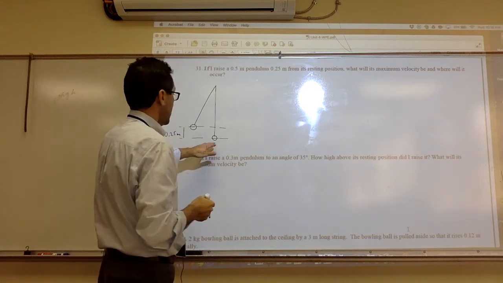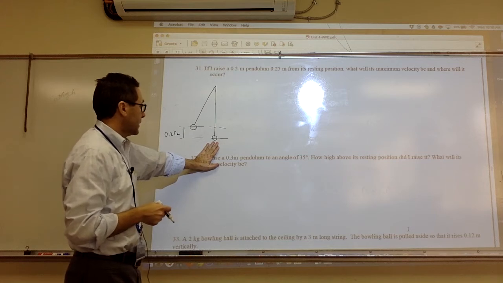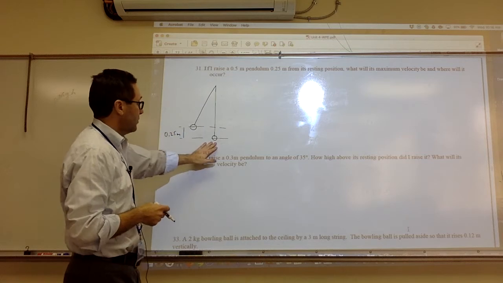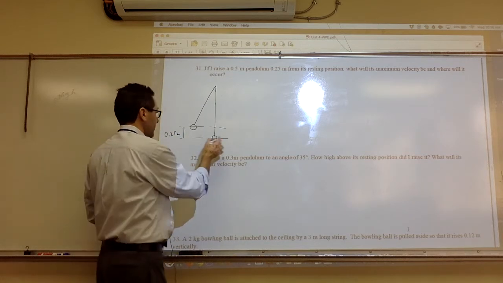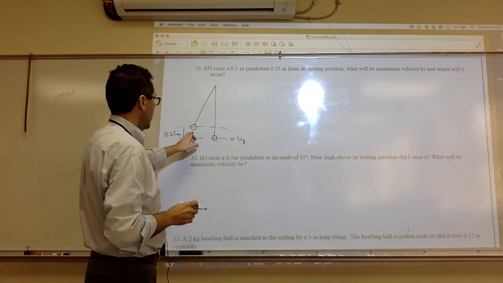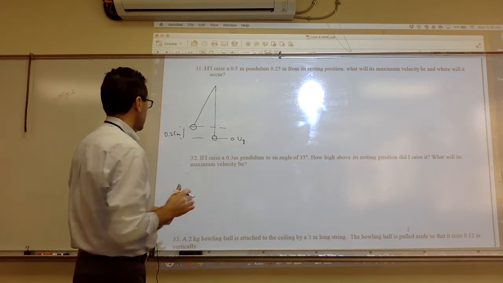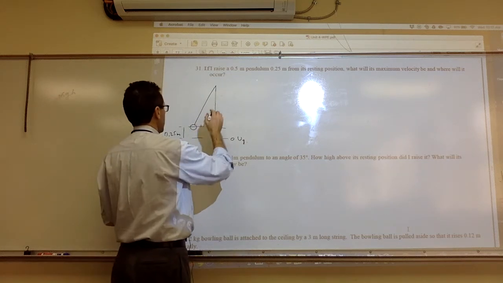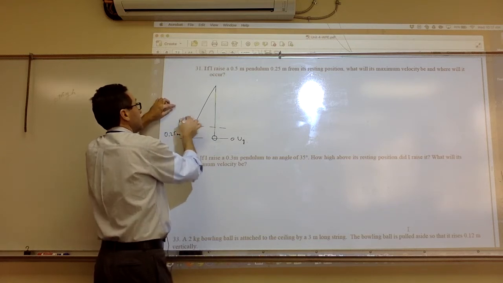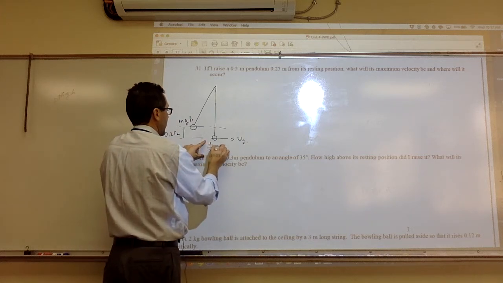Now the maximum velocity will happen at this level here when it's vertical, and the reason for that is that all the potential energy you had up here is converted into kinetic energy. If we look at this level here as 0 gravitational potential energy, all your energy is in the form of kinetic energy, which means you've got to be going the fastest when you're down there. All right, so let's see if we can figure out the speed. At this level here, I only have mgh. Down here, I only have 1/2 mv squared.